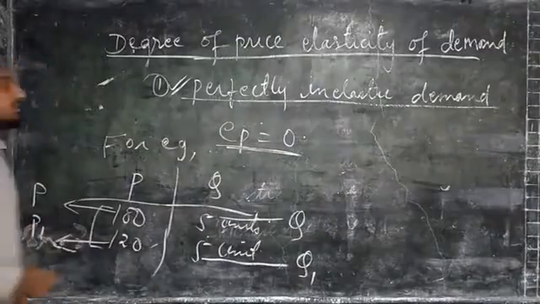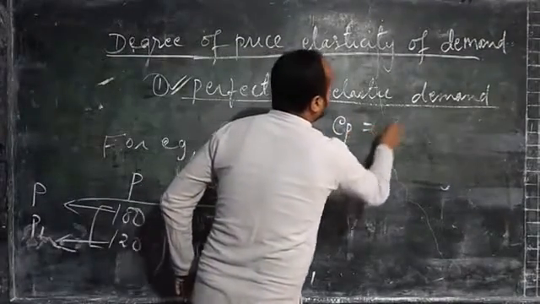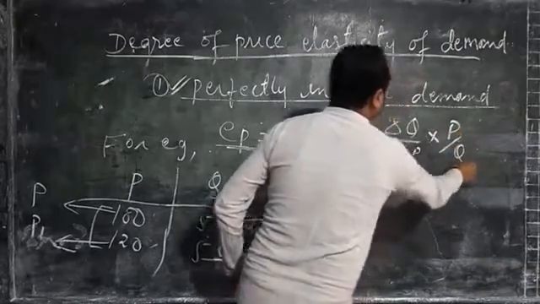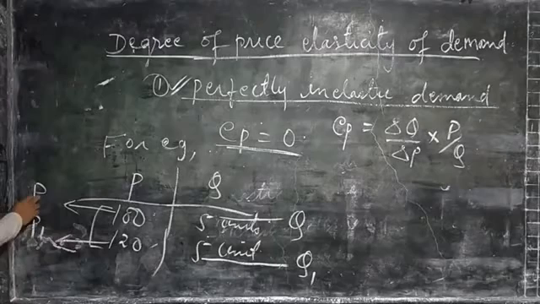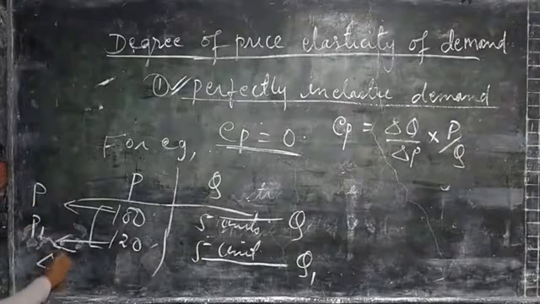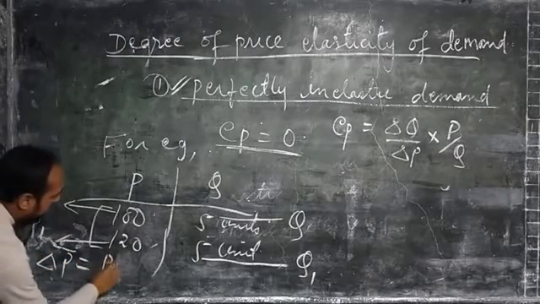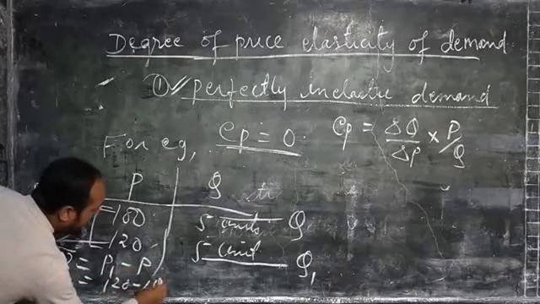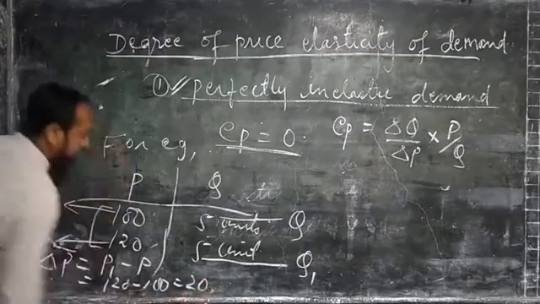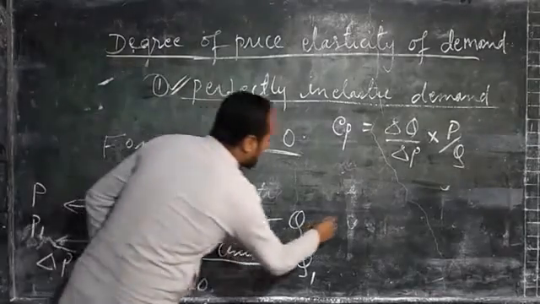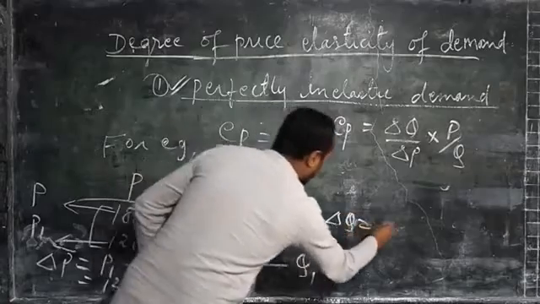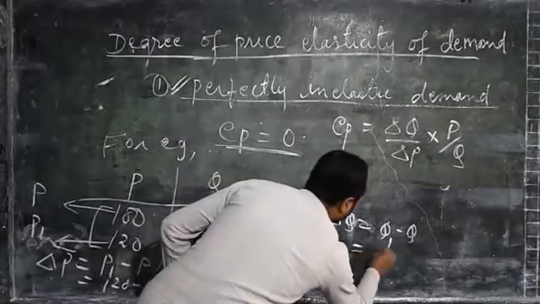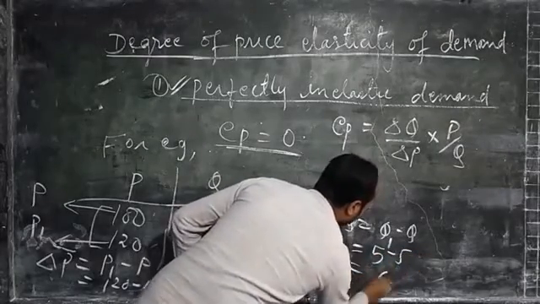So we know that EP equals del Q by del P into P by Q. Now we will find the value of del P. Del P equals P1 minus P, that is 120 minus 100 equals 20. Del Q equals Q1 minus Q. Q1 is 5 units, 5 minus 5 equals 0.